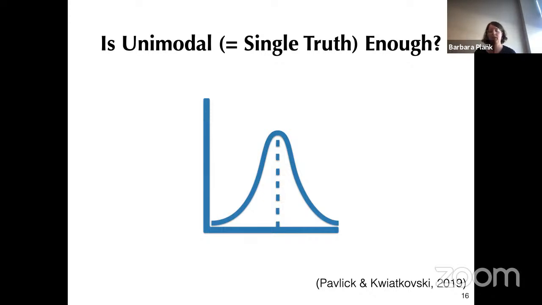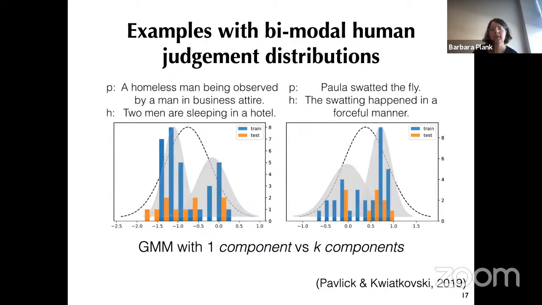Is that enough, essentially? What they did is re-annotate almost 500 sentence pairs from the recognizing textual entailment task, and then analyzed whether we can model it with a unimodal distribution, or whether we are better off with a distribution with multiple components. Their study shows nicely that there are examples where one unimodal distribution is not enough.